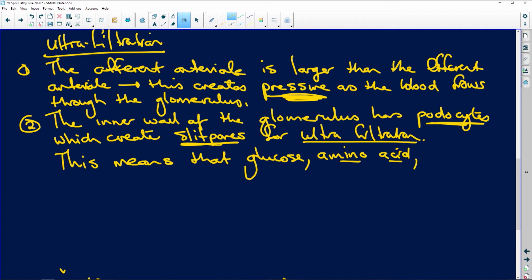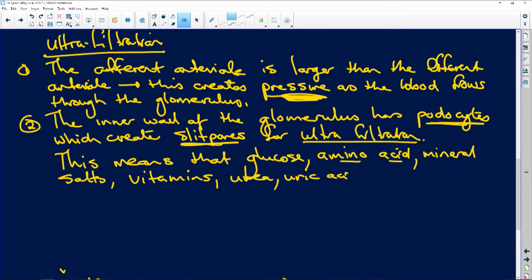Glucose, amino acids, mineral salts, vitamins, then your waste products, urea, uric acid, ammonia, what do you get when your muscles break down?